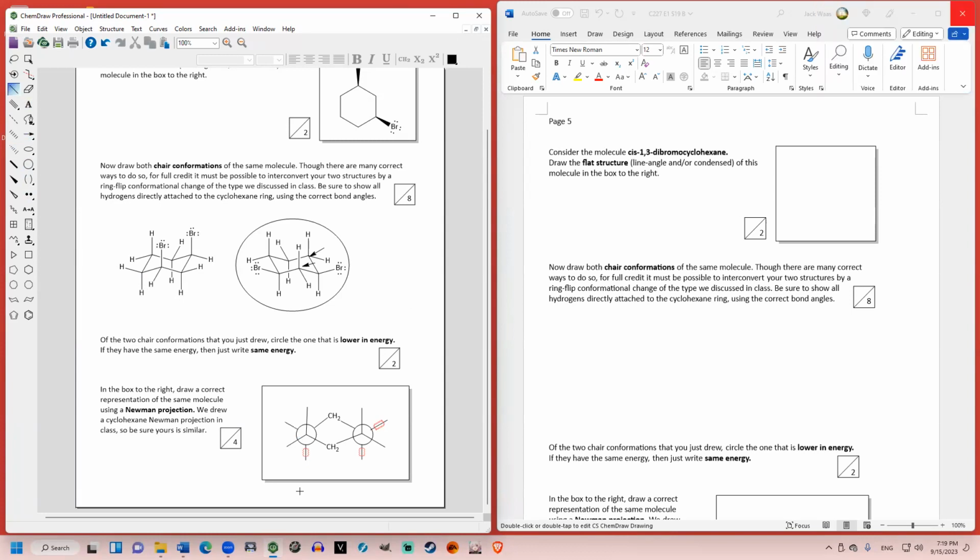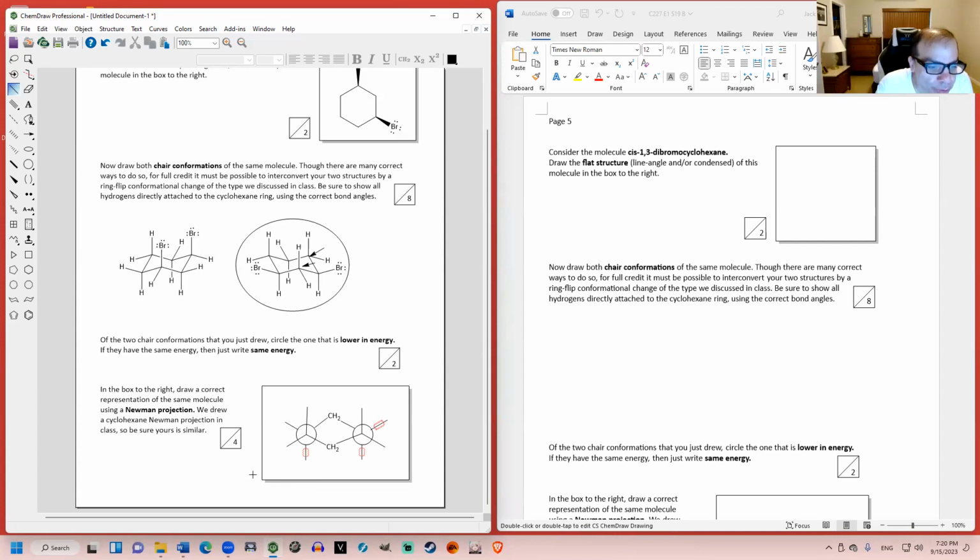So cyclohexane chairs in the Newman projection look something like this. Is cyclohexane always two circles for Newman projections? For chairs, yes. There's no avoiding it. Okay.